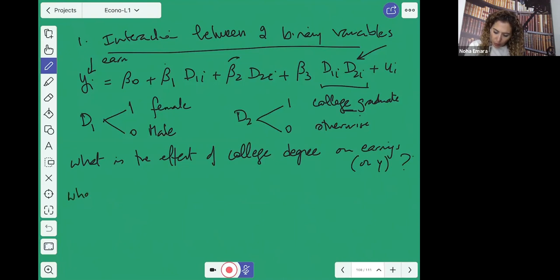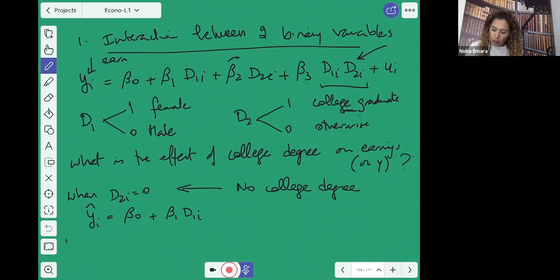When D2i is equal to 0, I plug 0 everywhere I see D2i. So the model would be yi hat equal to beta naught plus beta 1 D1i. This is the model if the person has no college degree.